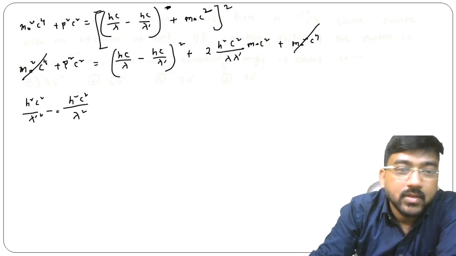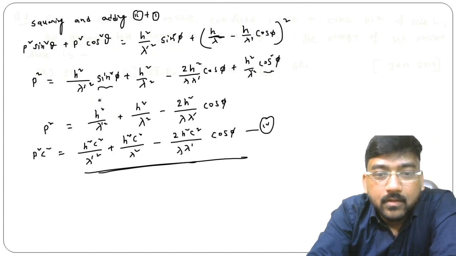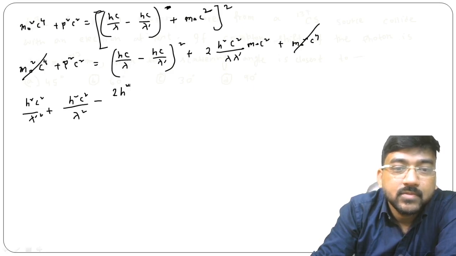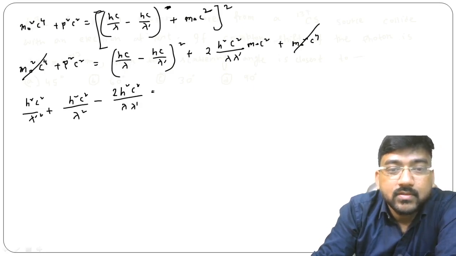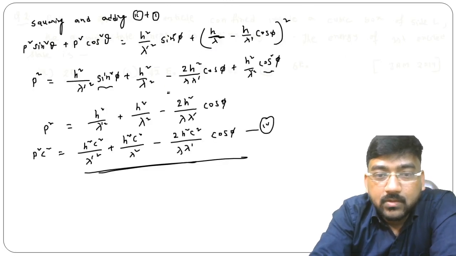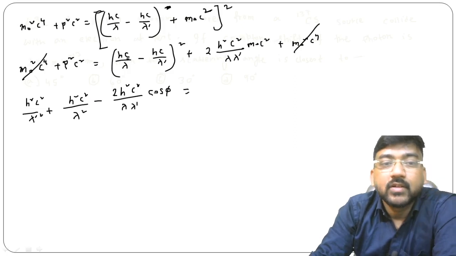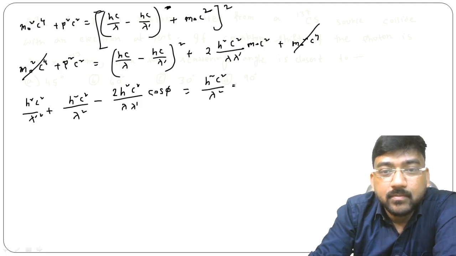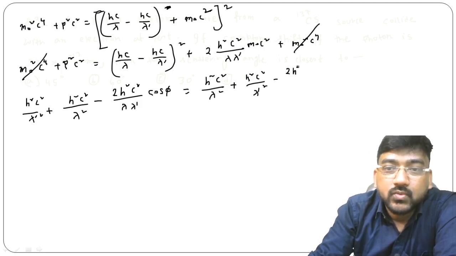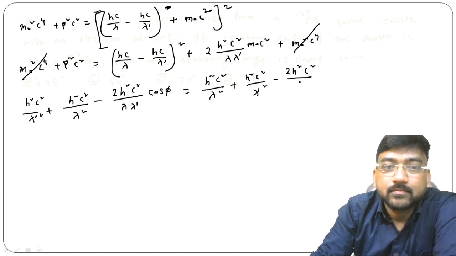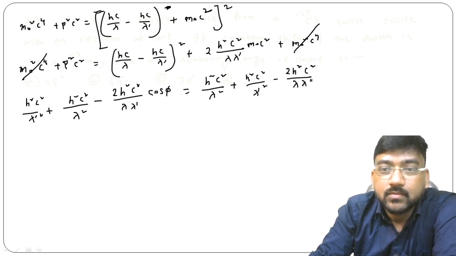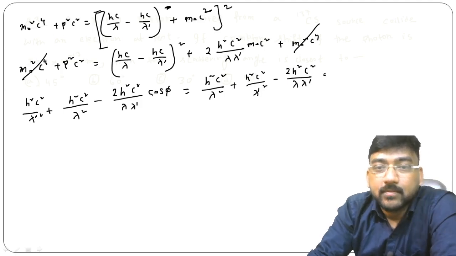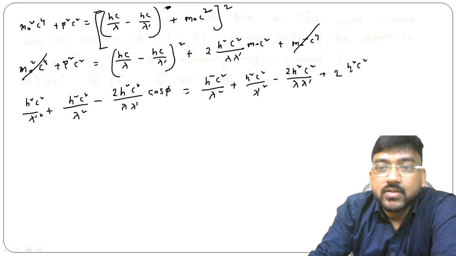plus and minus 2h square c square upon lambda lambda dash cos phi equal to, now let us take this again a minus b whole square, so it will be a square plus b square, so h square c square upon lambda square plus h square c square upon lambda dash square minus 2ab, okay, a square plus b square minus 2ab, plus 2h square c square upon lambda dash into m0 c square.